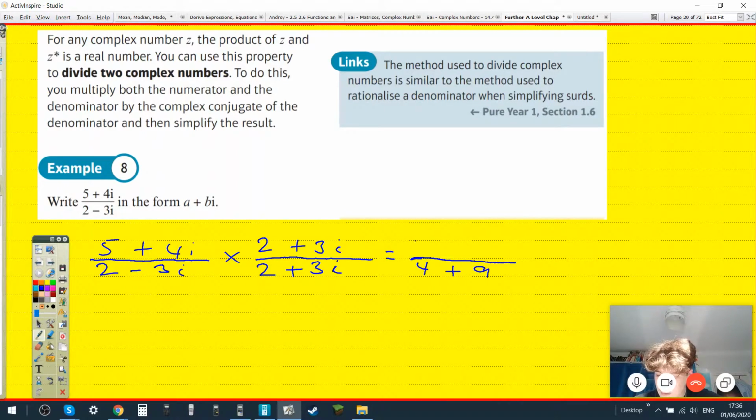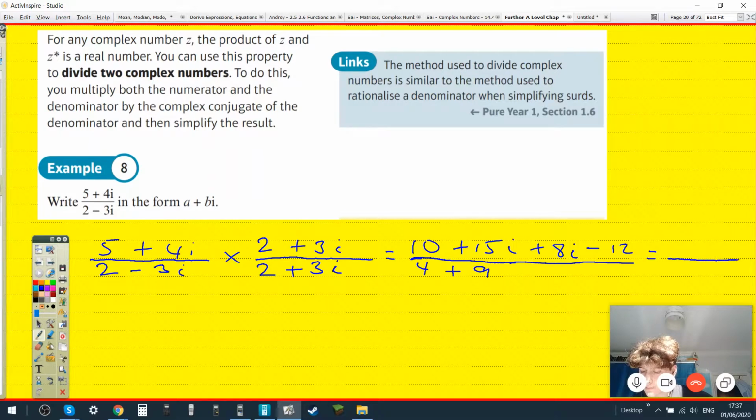So 10 plus 3i plus 8i, hang on, 10 minus 12. You said 10 plus 3i. Yep. Is it plus 15i? Yeah, that's what it's meant to be. 15i plus 8i minus 12. I think so.